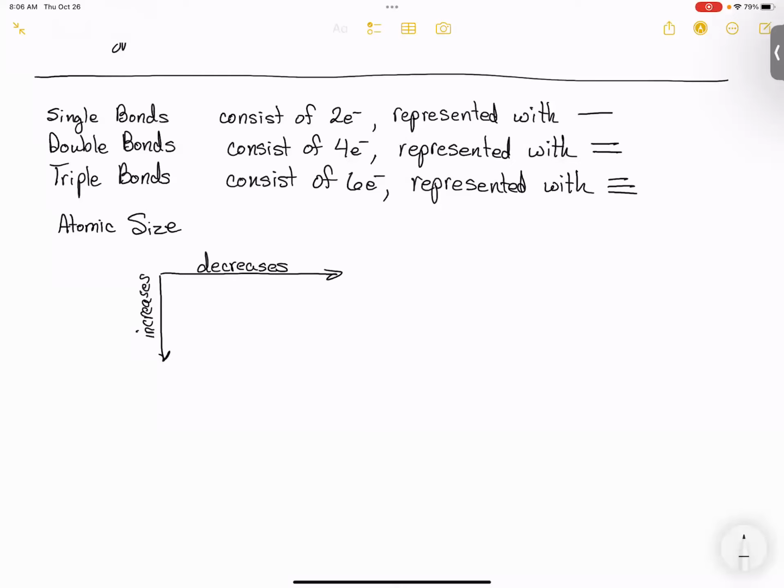Whether it's a single bond, double bond, triple bond, as well as the atomic size of the atoms in the bond, those are going to both affect bond length and bond strength.